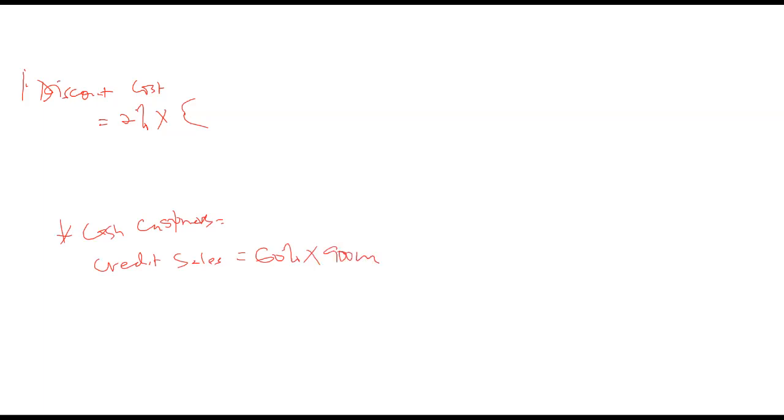The cash is the balance, therefore 40% of 900 million. The cash customers are how many? 360 million. And the credit sales, the balance, is 540 million.